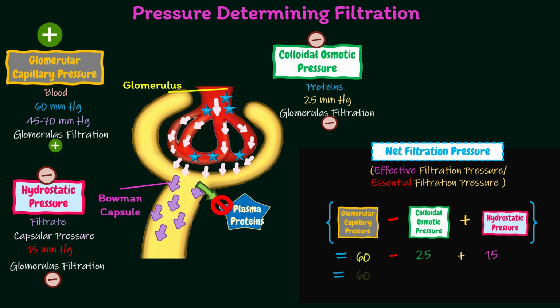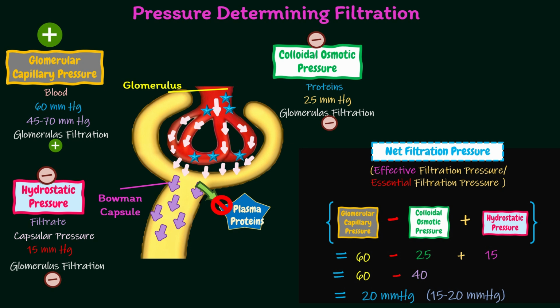So 25 plus 15 is 40, and 60 minus 40 is 20 mm of mercury. Net filtration pressure is about 20 mm of mercury, and it varies between 15 and 20 mm of mercury.